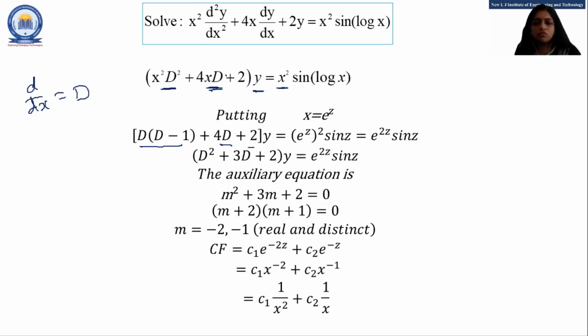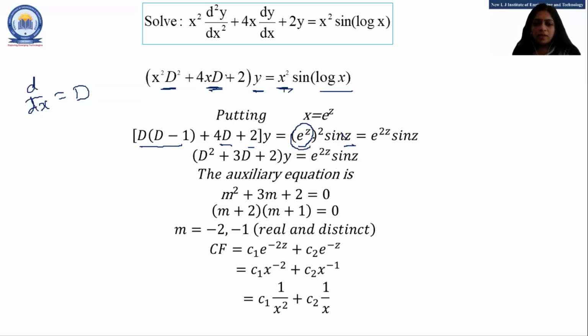Now this x is what? X is e raised to z raised to 2. And this sine log x, so I put this log x as z. So this x square is e raised to 2z and this sine z.